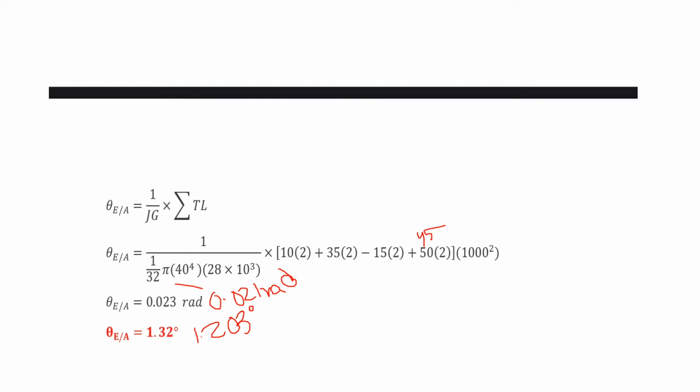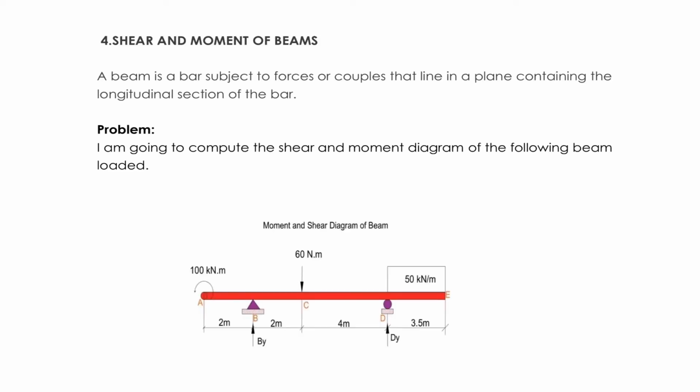And module 4, lesson 4 is shear and moment of beams. A beam is a bar subject to forces or couples that lie in the plane containing the longitudinal section of the bar. As a problem, here we have to find out the shear and moments.